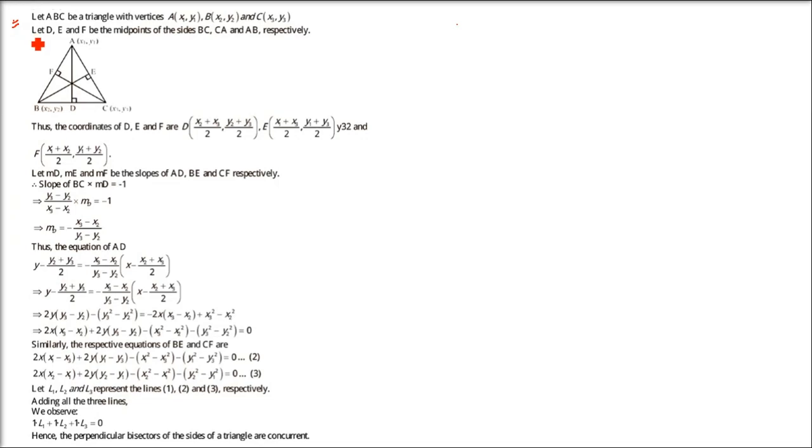This question is: show that the perpendicular bisectors of the sides of a triangle are concurrent. So we have a triangle, and A, B, C are the vertices of this triangle ABC.